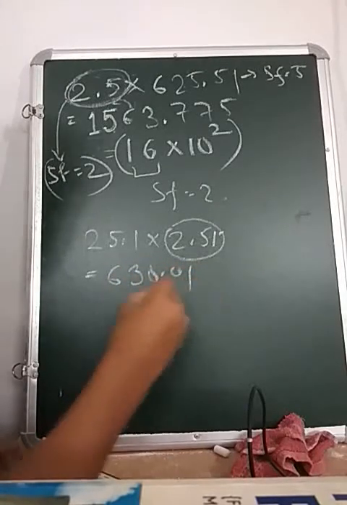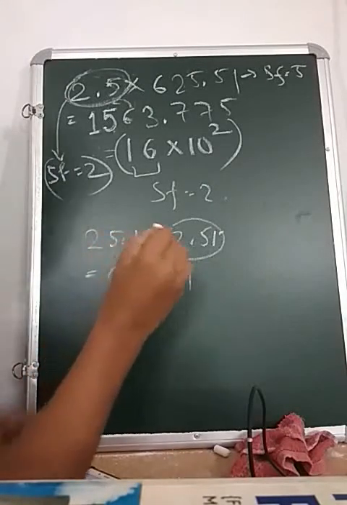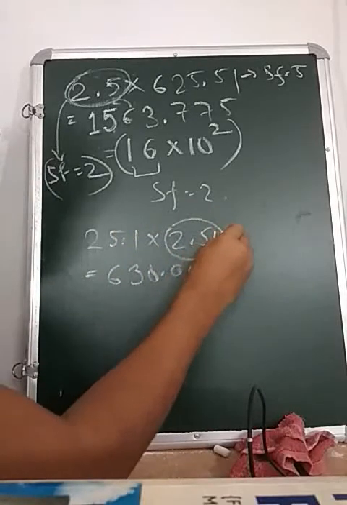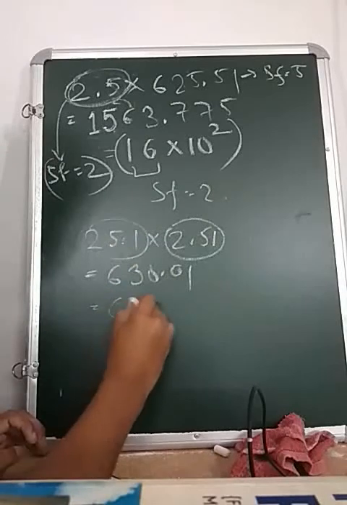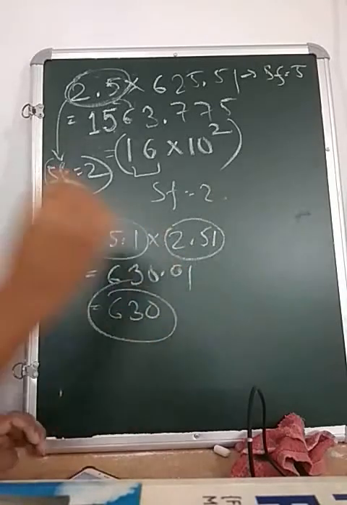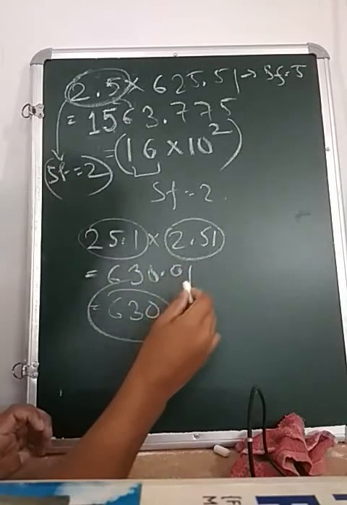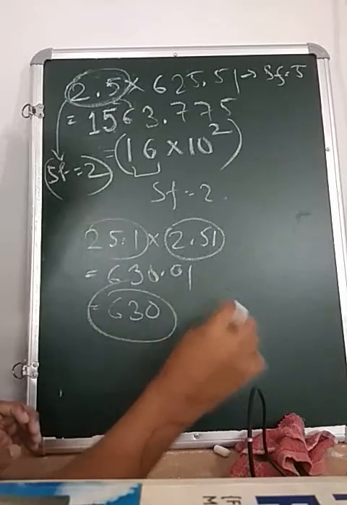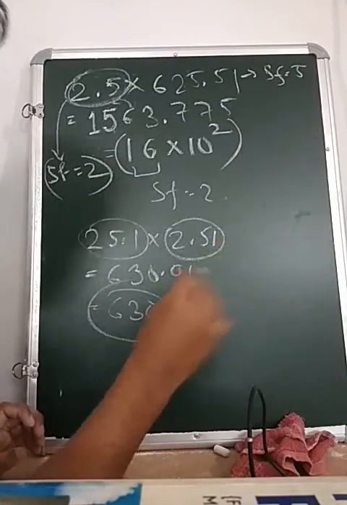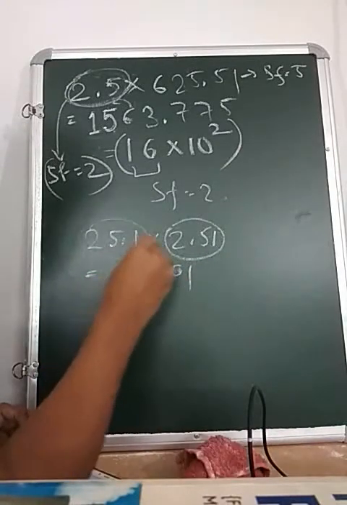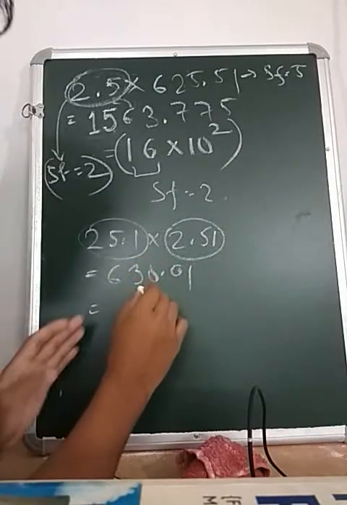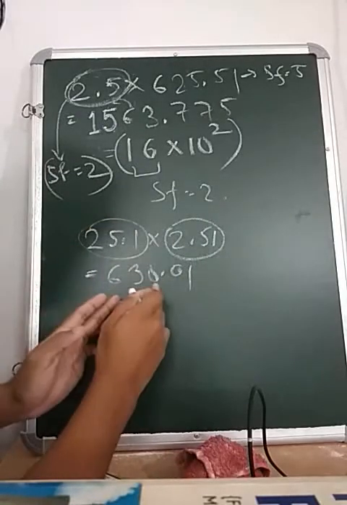Okay, see the significant figures here. This is 3. Okay, 1, 2, 3. So we write it down as 630. Suppose the result is 630. Okay, we have to make it up to three significant figures.